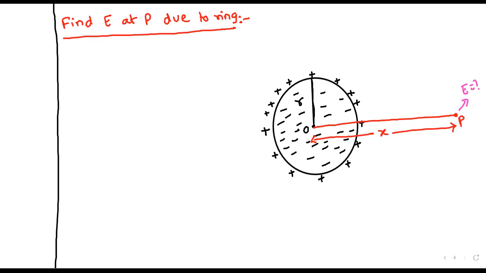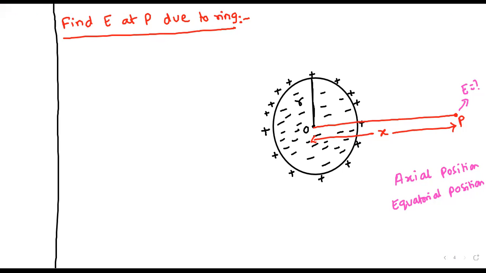Before going to see the electric field, here we'll have two positions. One is axial position, and another one is equatorial position. If the point lies along the line joining the charges, or if the point passes through the center of the conductor, then it can be called the axial position or axial point.